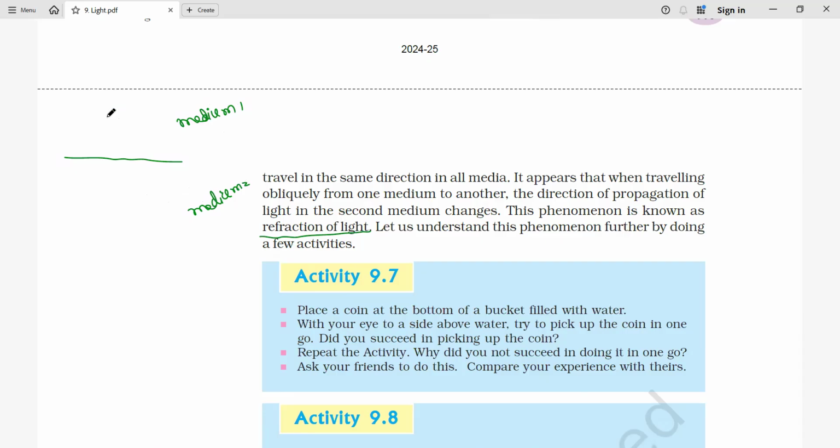Now we are considering that medium 1 is the optically rarer medium and medium 2 is the optically denser medium. Rarer medium means the velocity of light will be more; in denser medium the velocity of light will be less. So this is the incident ray.